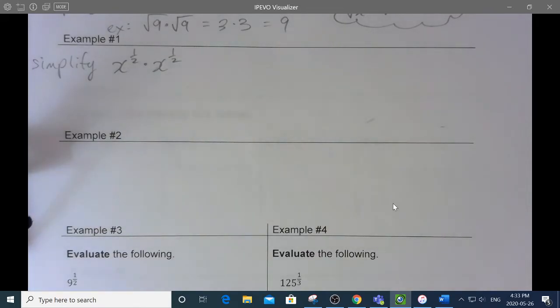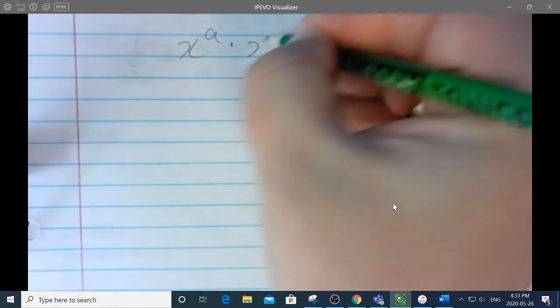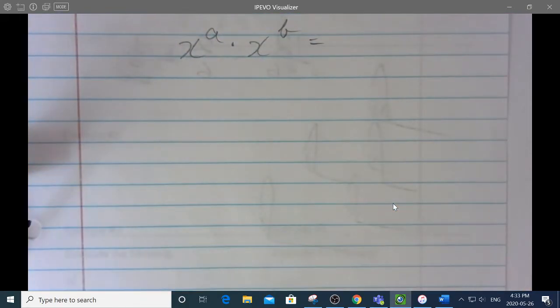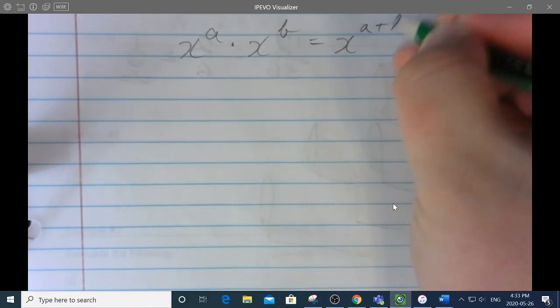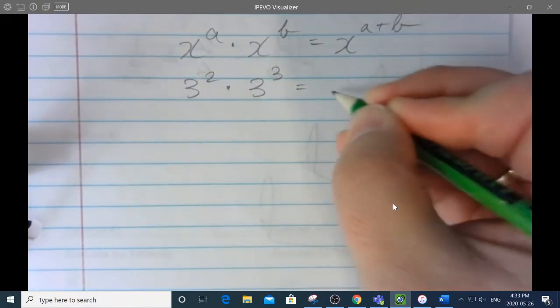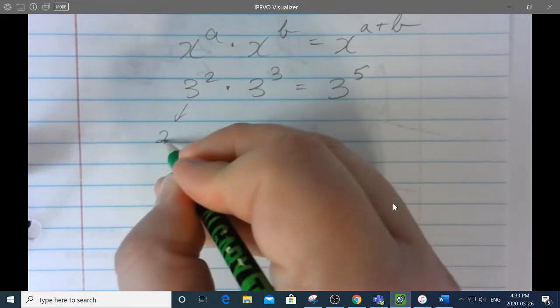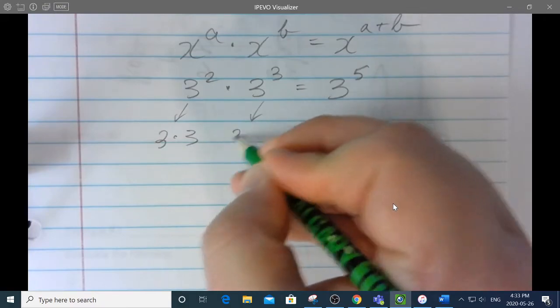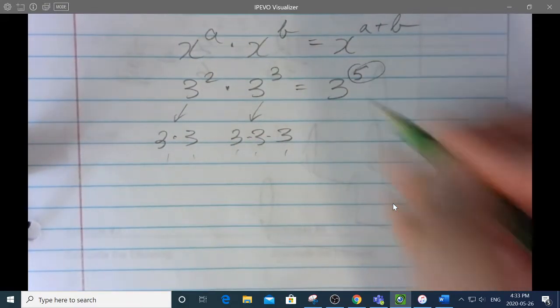Back in grade 9, you were taught the product law, which we've actually already seen today. What do you do with those two exponents according to the grade 9 power law? Hopefully everybody's saying to their screen, you add them. And you're right, you add them. 3 squared times 3 cubed is really 3 to the 5, because this is 3 times 3, and this is 3 times 3 times 3, so add them up, 1, 2, 3, 4, 5 3s. Remember that rule from grade 9?